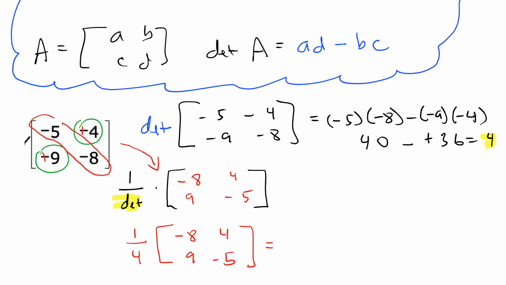Okay. Then you want to multiply. And when you're multiplying by a whole number, you can think of it as distributing to all of them. Not a whole number, but when you're multiplying by a non-matrix, you can think of it as just distributing like that. Okay?